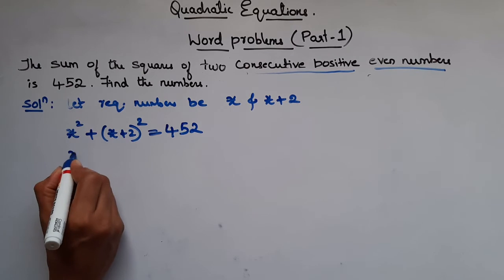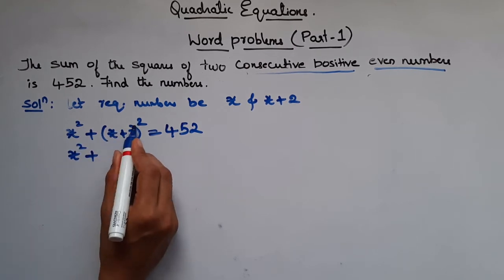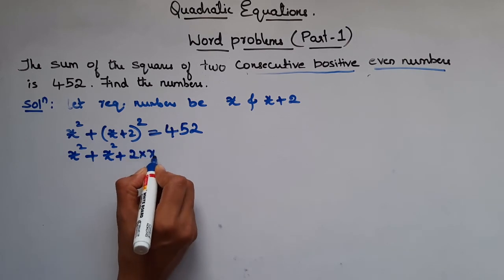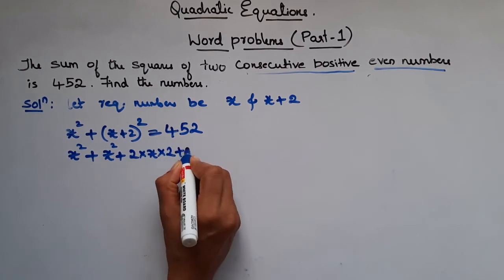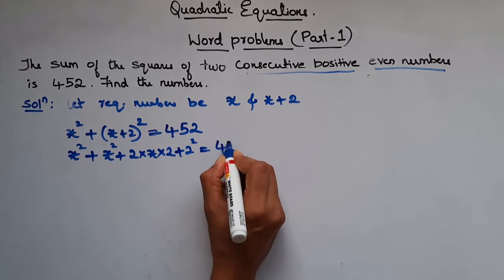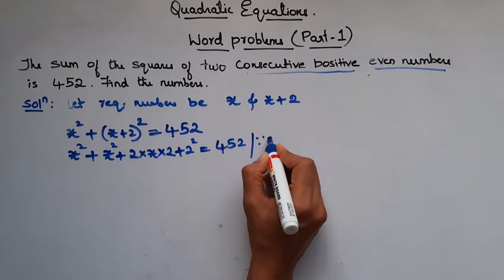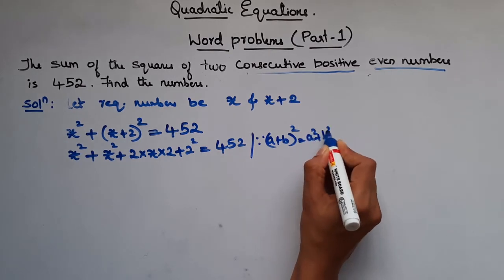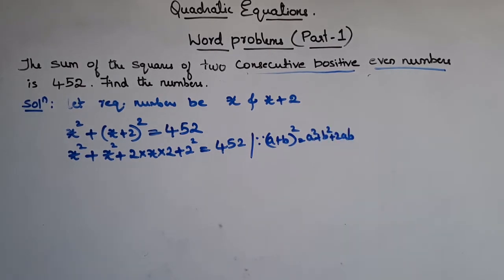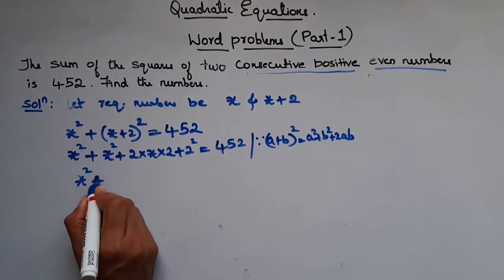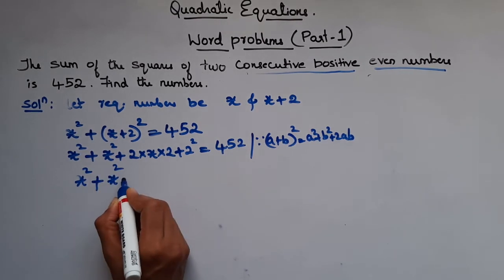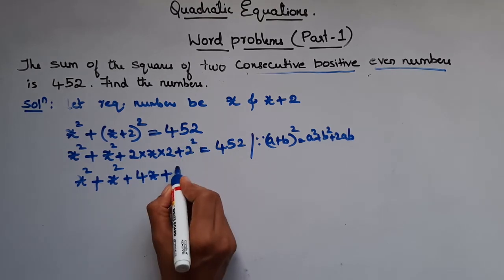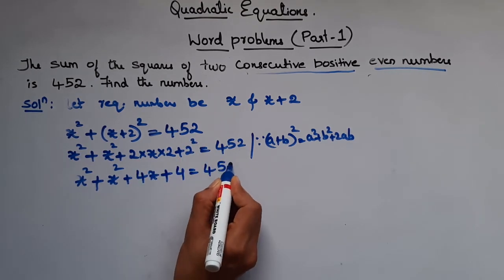So now let's simplify this. x square plus a plus b the whole square, that is a square plus 2 into ab, right, plus b square, which is equal to 452. Since a plus b the whole square is equal to a square plus b square plus 2ab, we have x square plus x square plus 2 twos are 4x plus 2 square is 4, which is equal to 452, right?